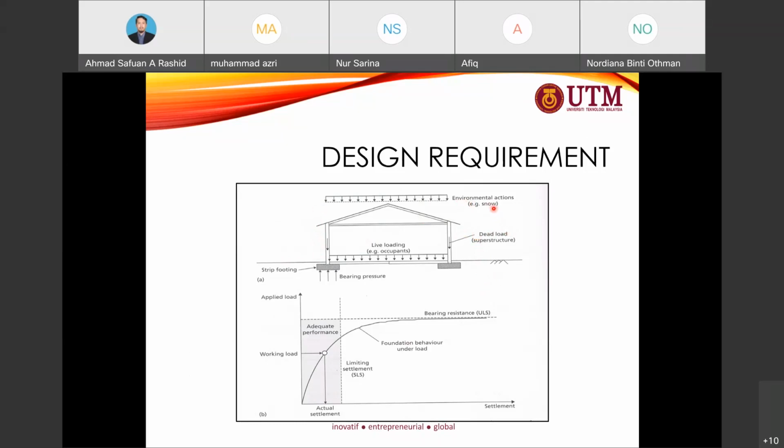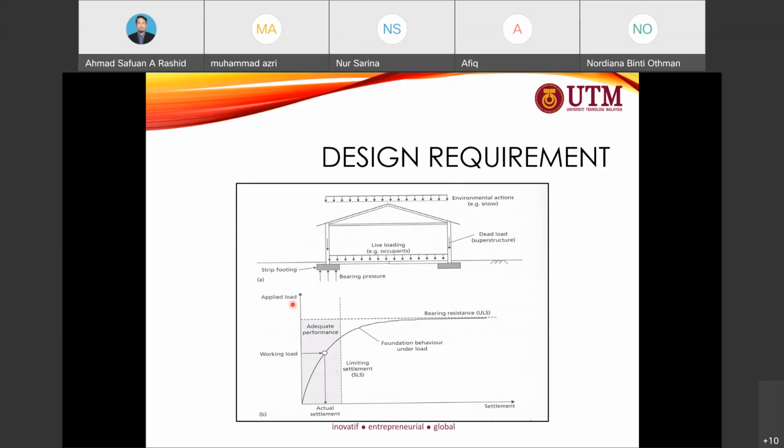In this example, it shows a snow effect due to the environment. We may have a wind effect as well. Then the dead load from the superstructure and also the live load from the superstructure will be transferred to the footing. So the reaction from the soil will provide the bearing pressure.